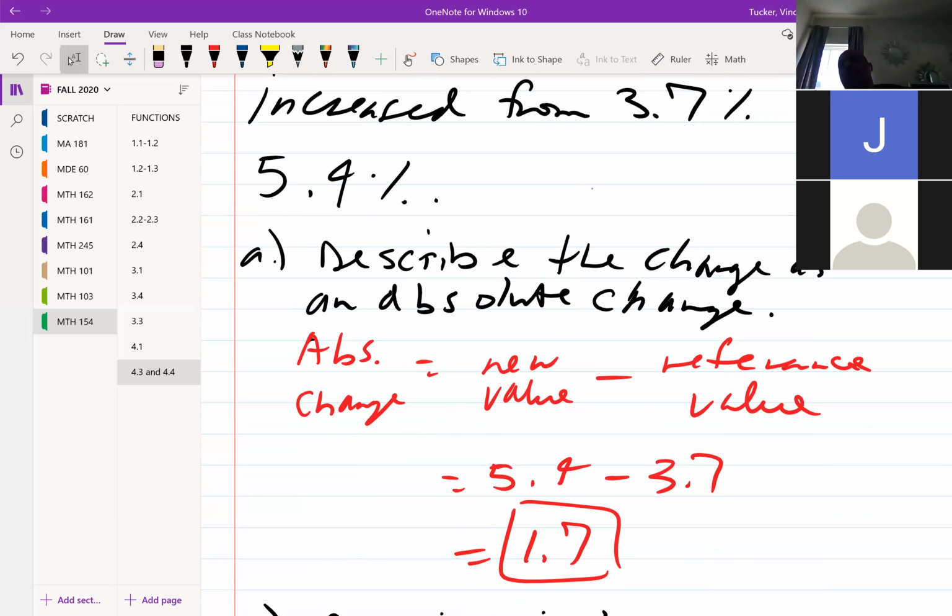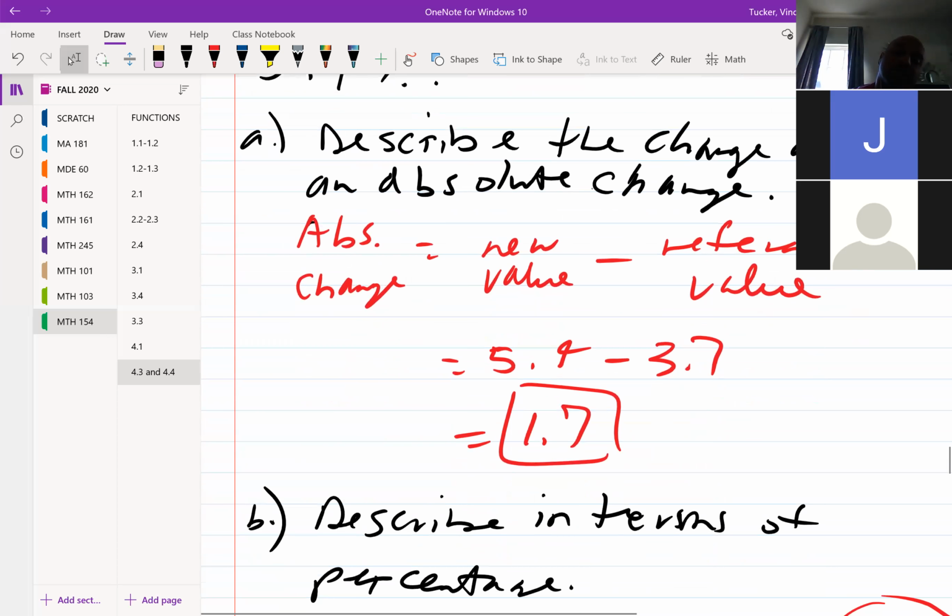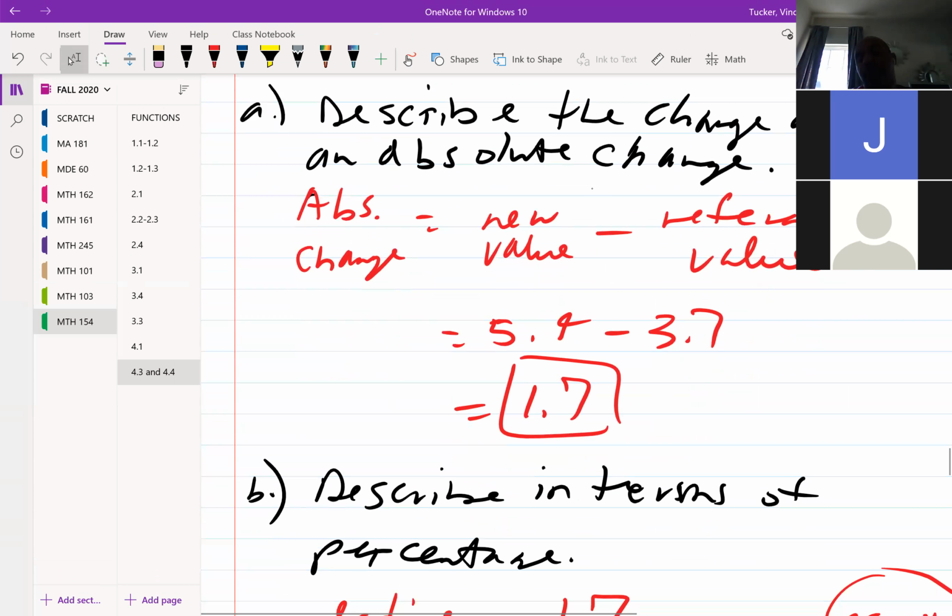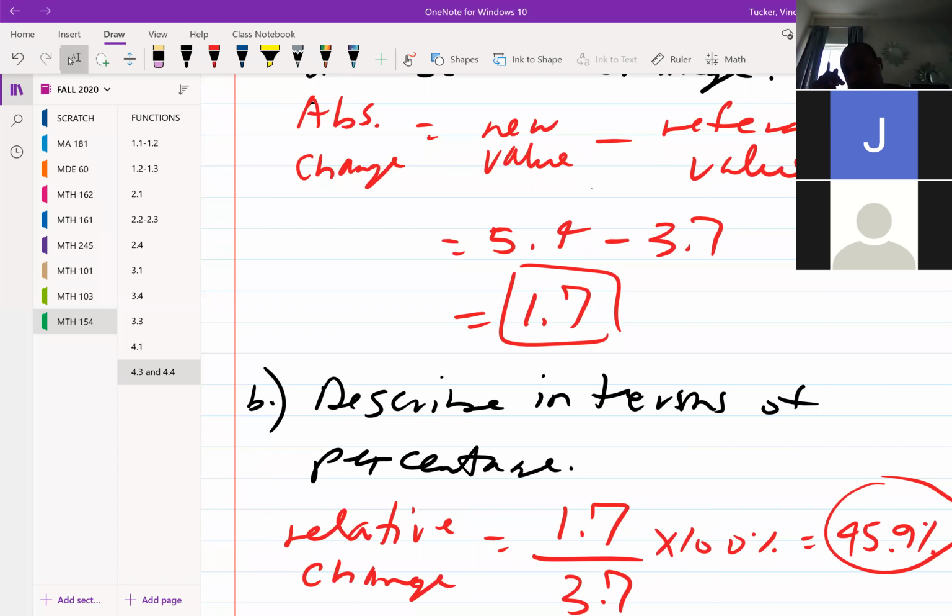Take your new value minus your reference value, or your original value. 5.4 minus 3.7 is 1.7. So that's your absolute change. Next, describe it in terms of percentage.